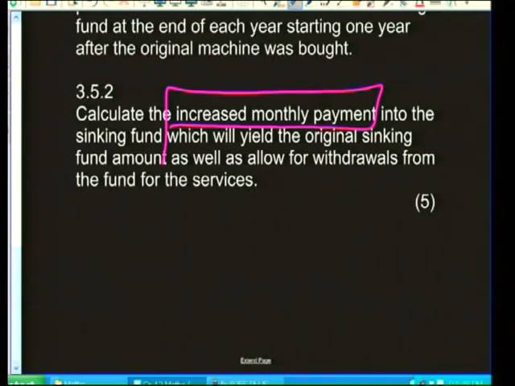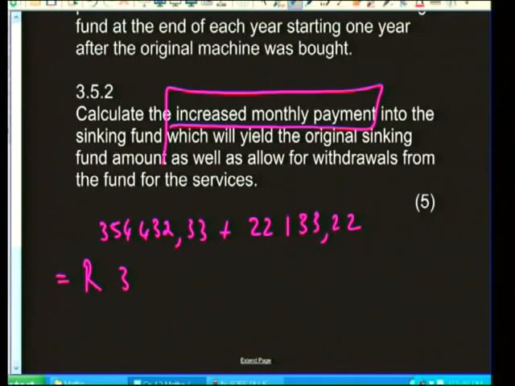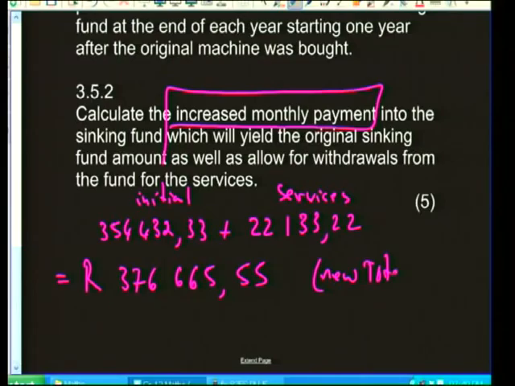Okay, so our original was 354,432.33, and we need an additional 22,133 Rand and 22 cents for services, and we're going to need a sinking fund of 376,665 Rand and 55 cents. So this was our initial, and these are our services. So this here is our new total. That's how much we have to have in our sinking fund.